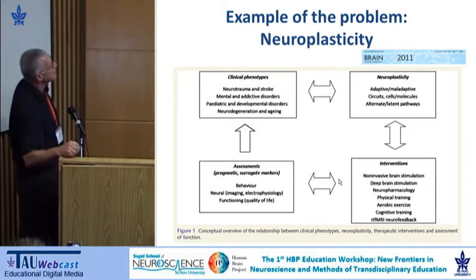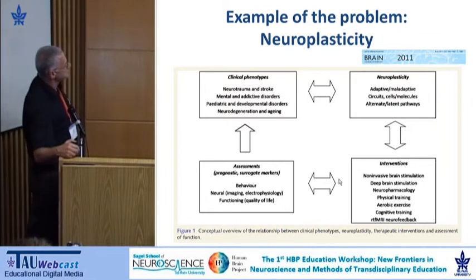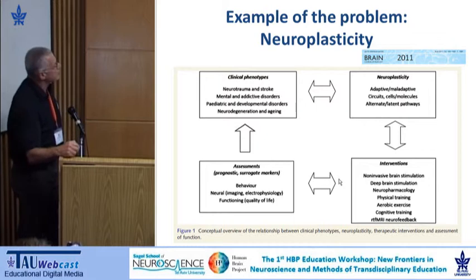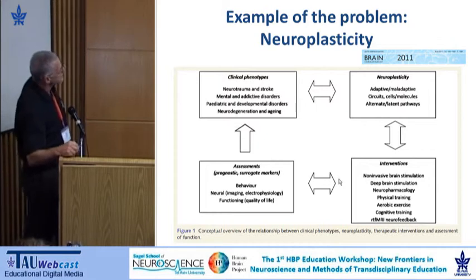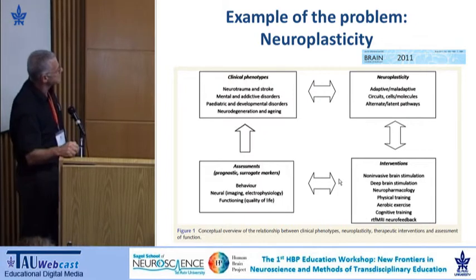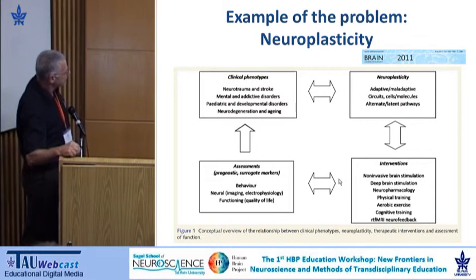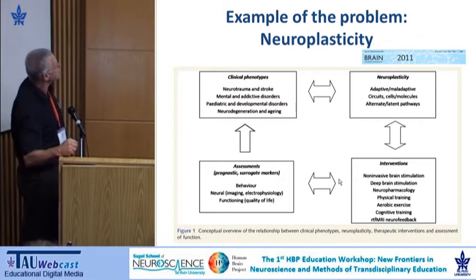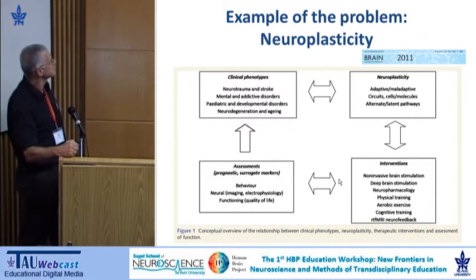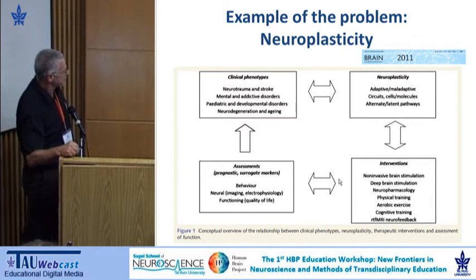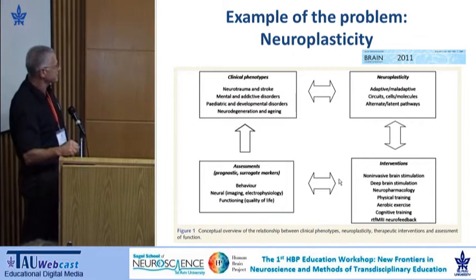This is based on a paper that was published a few years ago in Brain, where when we look at neuroplasticity, we can look at the level of the cell, the circuits, the molecules. We can also look at the level of the assessment or the clinical phenotypes: trauma, stroke, mental and addictive disorders, pediatric and developmental disorders, as well as in the interventions or assessments.